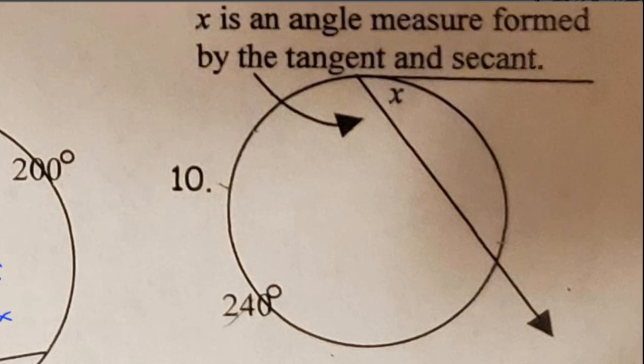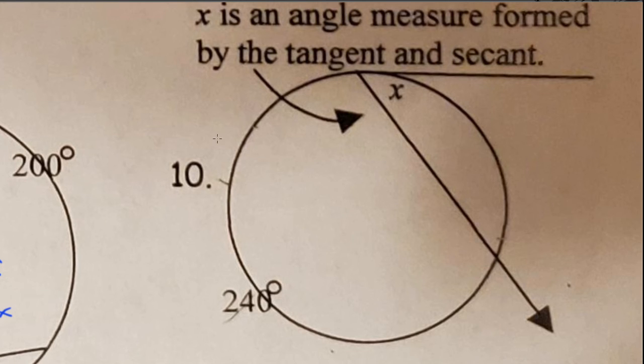Now for 10, we're given that x is an angle measure formed by the tangent and secant. So just so we're clear, this line right here is the secant line. And this line right here is the tangent line.